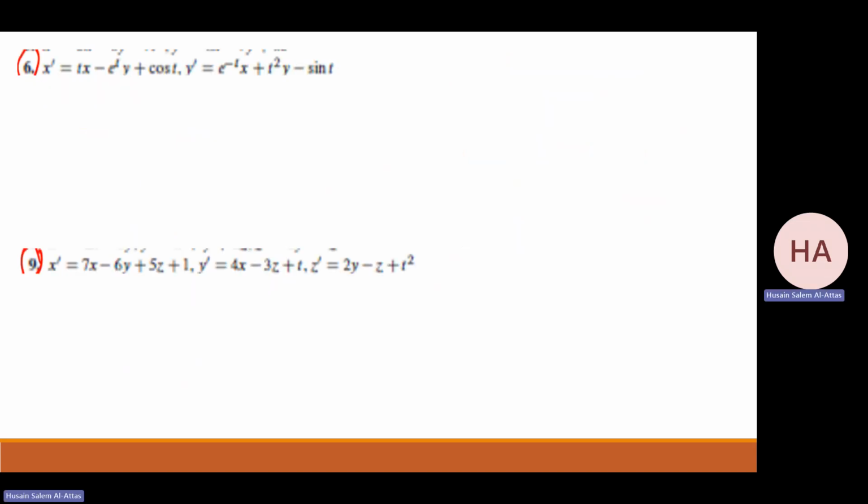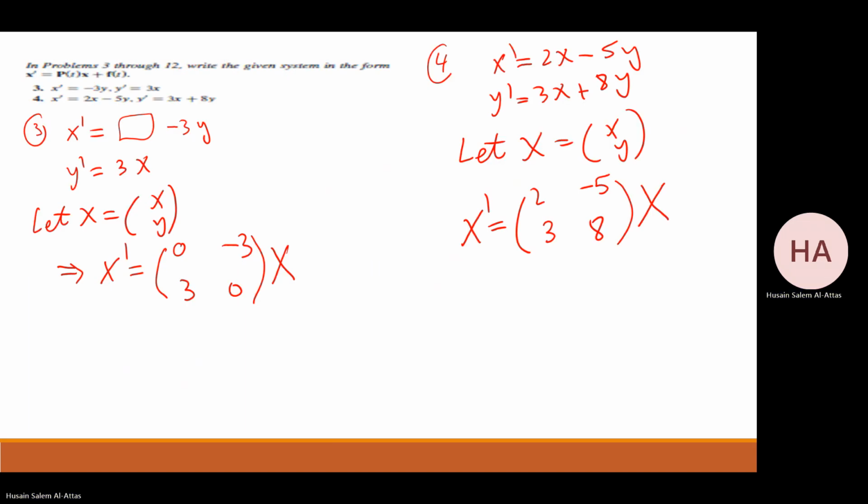More problems where we now have non-homogeneous parts. What do you want? This one.